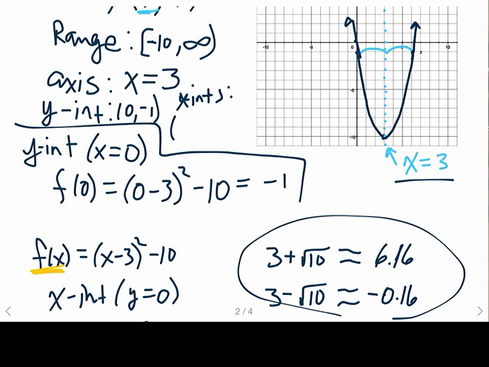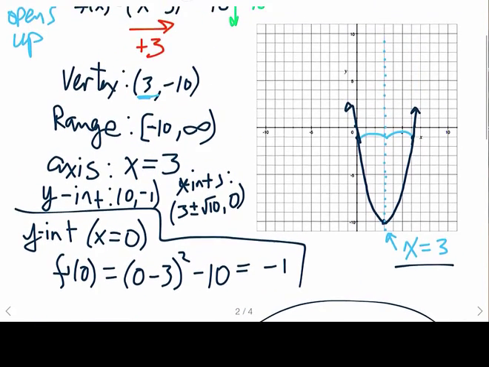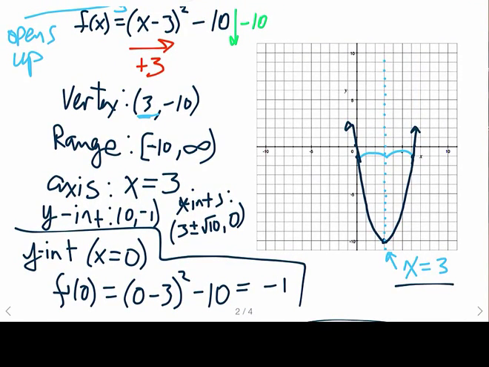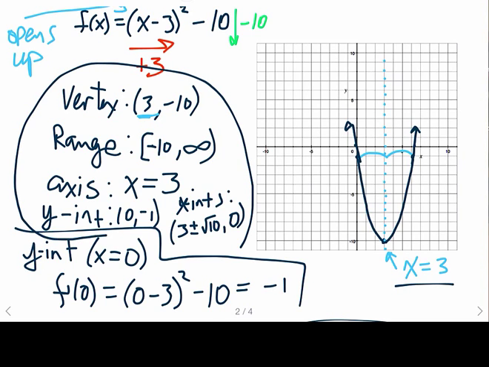I'm going to write that down as 3 ± √10, and of course the y-coordinate is 0. So let me scroll back. And I've got now the vertex, the range, the axis of symmetry, the x and y intercepts, and my graph. And that's what this section is going to be about.